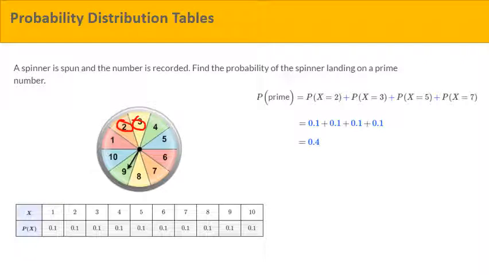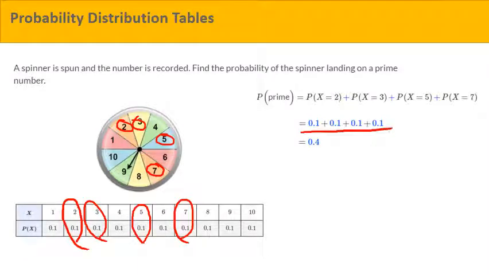We got 2, 3, 5, and 7. That's all of our prime numbers. So we would add up the probability of getting a 2, a 3, a 5, or a 7. So the probability of getting a prime number is 0.4.